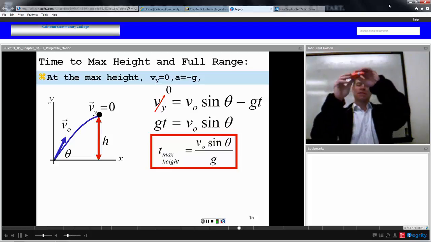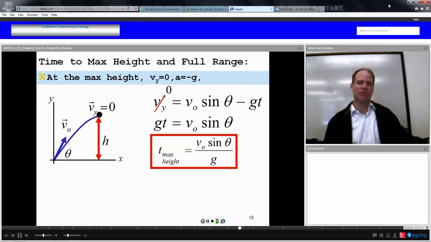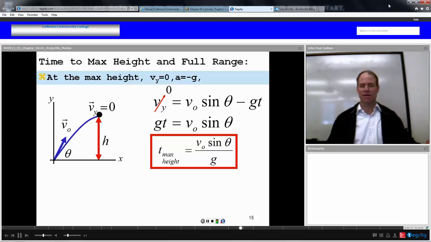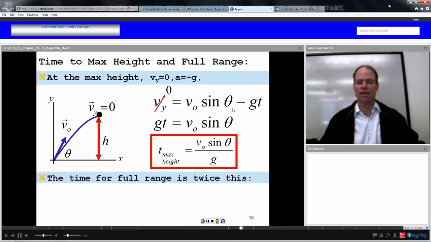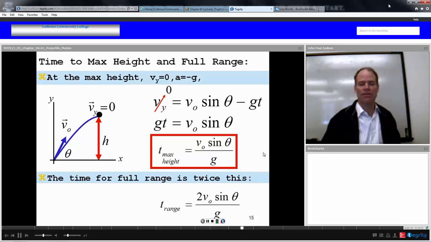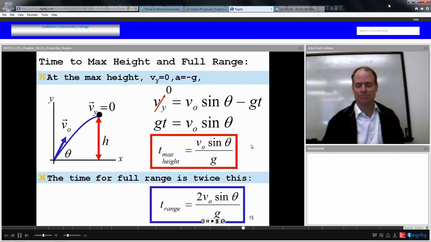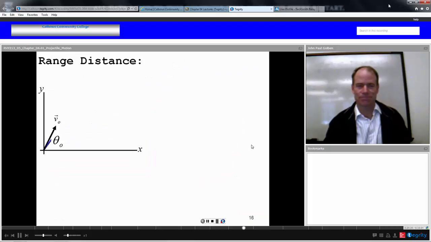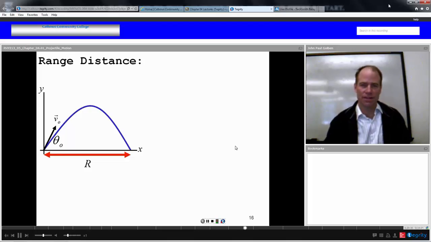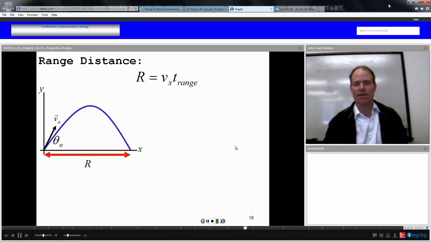The time it takes us to fall from maximum height back down to ground level will be exactly equal to that time, because that motion mirrors the motion going up to maximum height. So our time for the full range to go up and then back down to ground will be twice this time, 2v naught sine theta over g. Since that's our time in the air, we can now calculate what our range is.